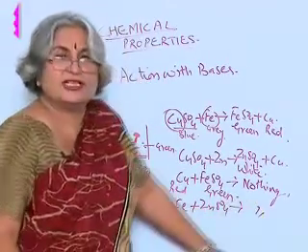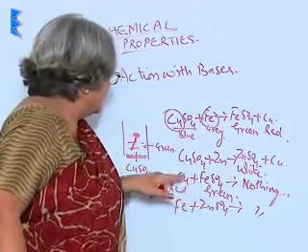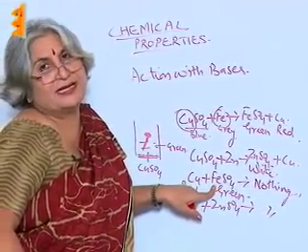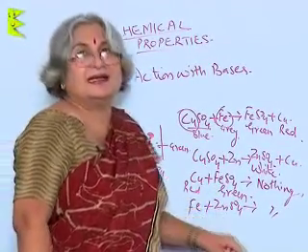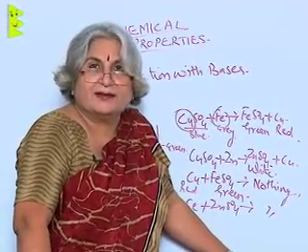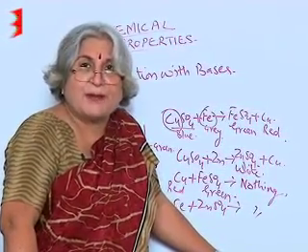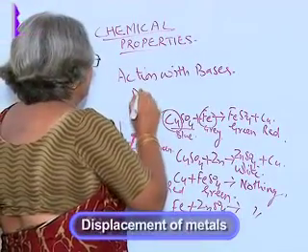Again, no change. Why? Because copper is less reactive than iron, or you can say it is weaker. Similarly, iron is less reactive than zinc, so they are not able to displace. So this property is called displacement of metals.